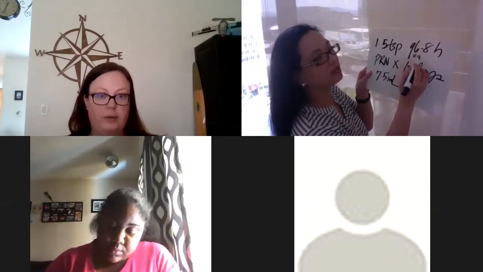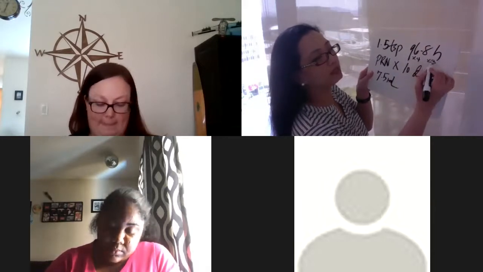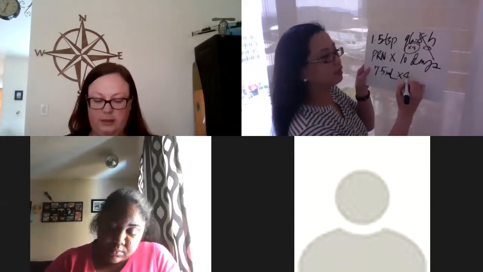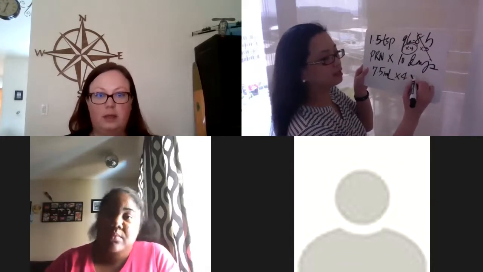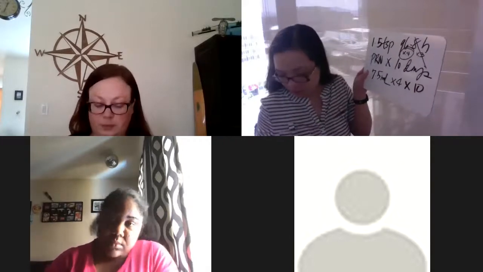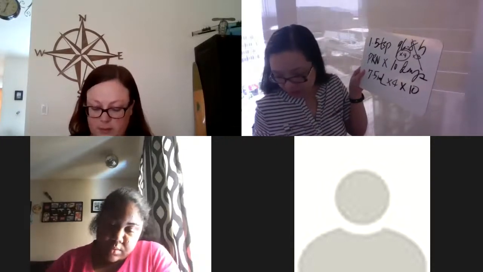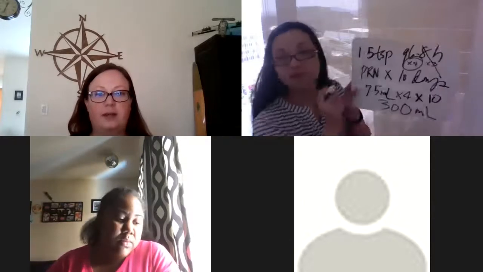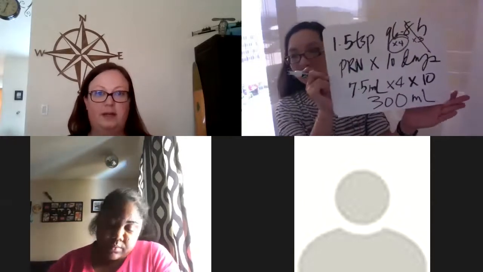Q6H is times 4. Q8H is times 3. So scratch this off, pick this up, times 4, and then what do you do next? Times the 10. So 7.5 times 4 times 10 is? 300 ml. Yeah. You got it, my Shauna?